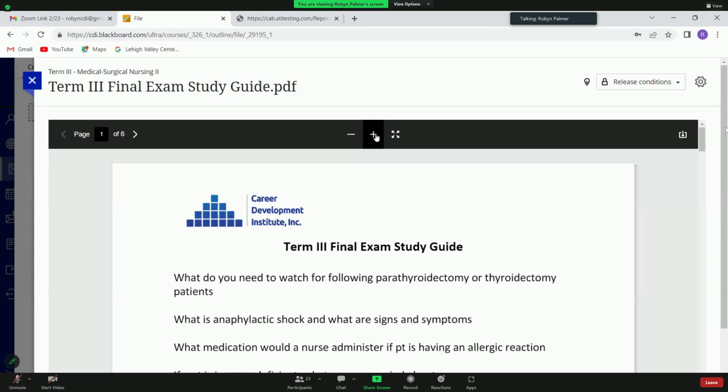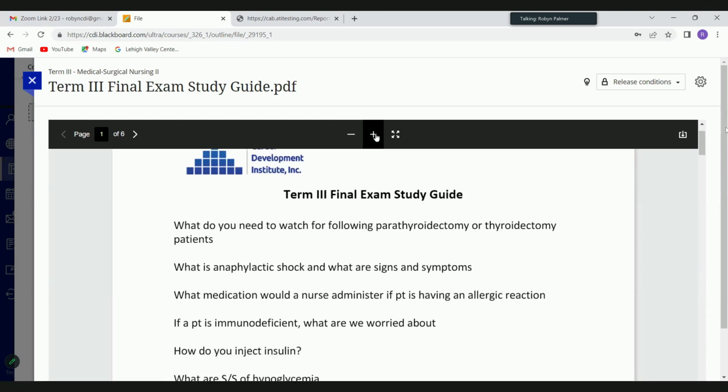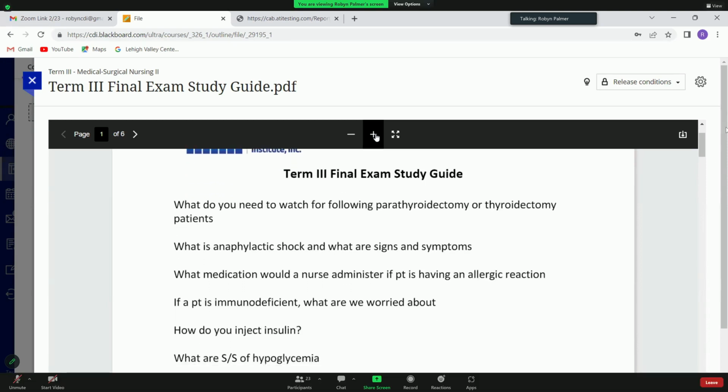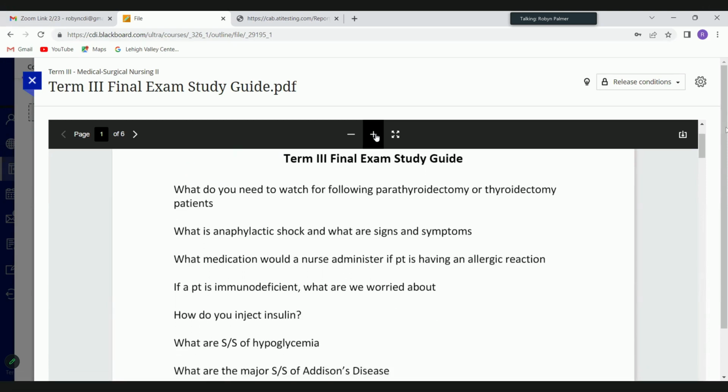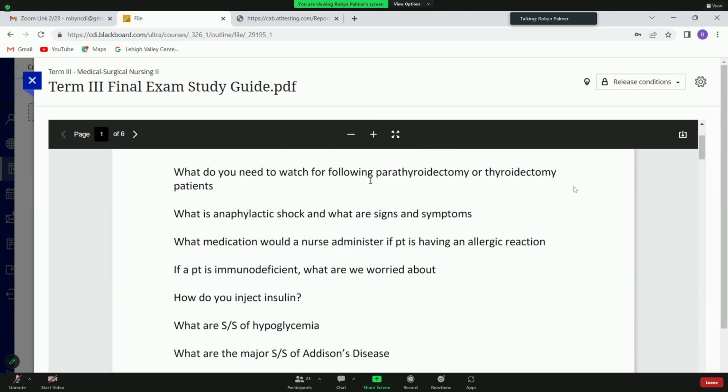What you need to watch for following parathyroidectomy or thyroidectomy. When we're doing a thyroidectomy and we accidentally remove the parathyroid, what are we worried about? Tetany.